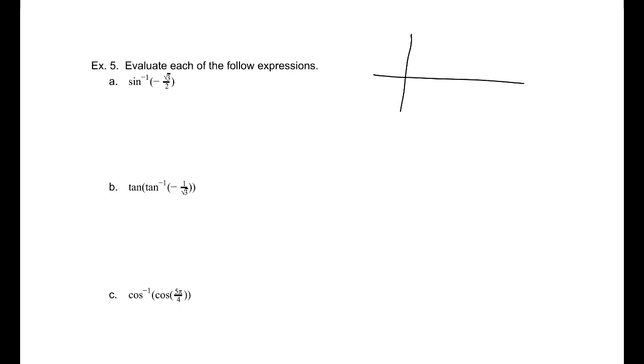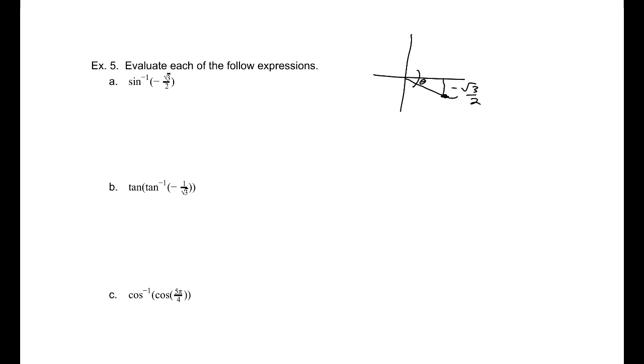Triangles are the way to go. What angle would make a sine? Now, that's a y value. So that would be this right here, that distance being a positive root 3 over 2, or if we're thinking about that point, negative root 3 over 2. What angle would give us that?